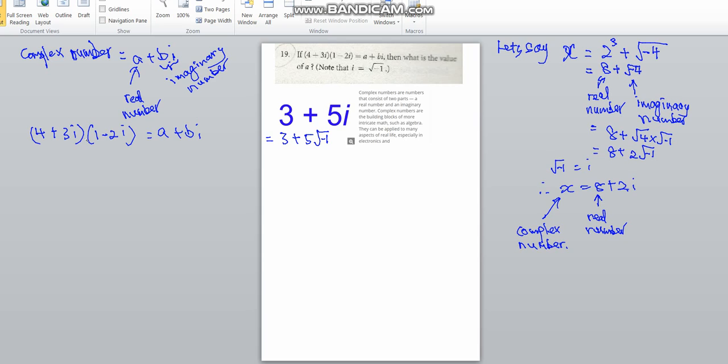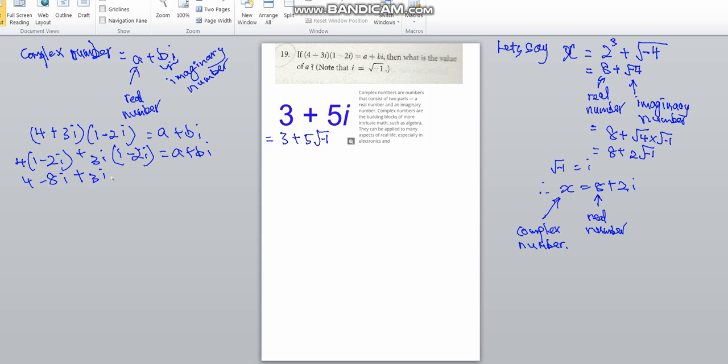Now let's expand this. 4 times (1 minus 2i), 4 times this whole thing in the bracket, then 3i times (1 minus 2i) equal to a plus bi. Now this is 4 minus 8i plus 3i times 1 becomes 3i.